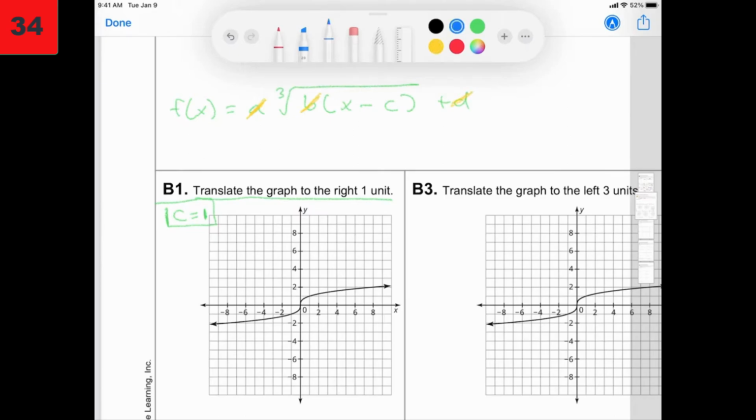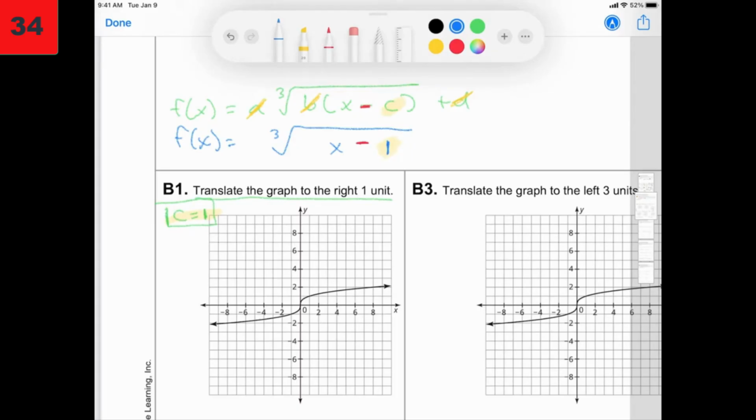So now I just have f of x equals the cube root of x. Now I'm going to put this one here. And we're trying to get c equals 1. So that's what I'm putting right there. And then we don't need the d value.